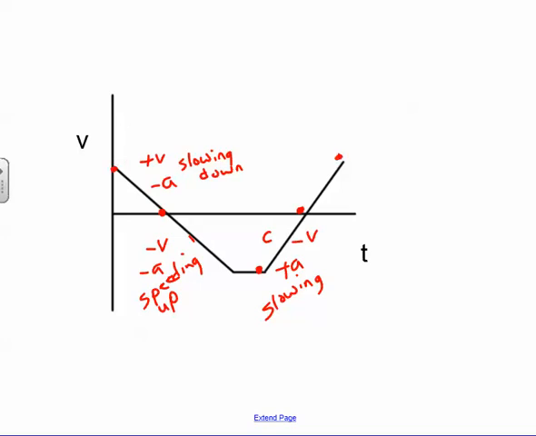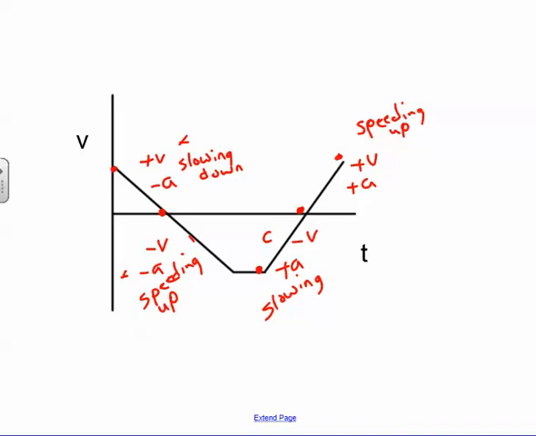Okay, so we're gaining speed. And if we look at our velocity, we're now in a positive quadrant, and our acceleration is still positive. So we can look at this. Negative acceleration over in this area is slowing down, but negative acceleration down here is speeding up. And we have the opposite on the other side of things.